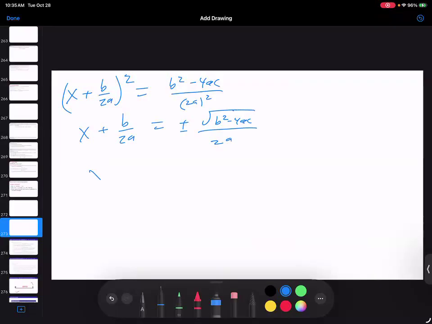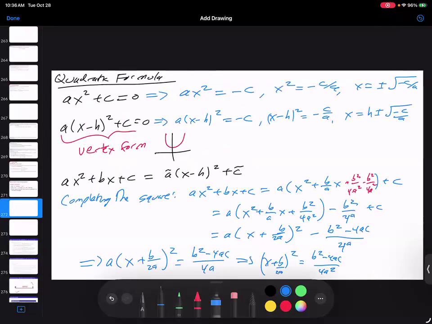And now just bringing the b over 2a to the other side, we get negative b plus or minus the square root of b squared minus 4ac all over 2a. So by looking at simpler quadratics, we saw how to solve those without too much trouble. And then we just took our general quadratic and put it in that vertex form. By completing the square, we made things much easier. So there's a trick like this that allows us to find the roots for a quadratic.